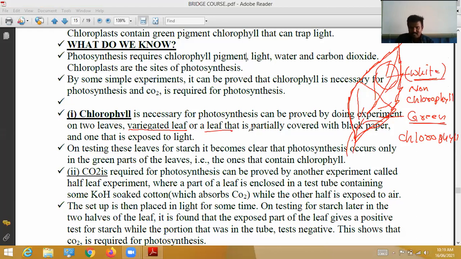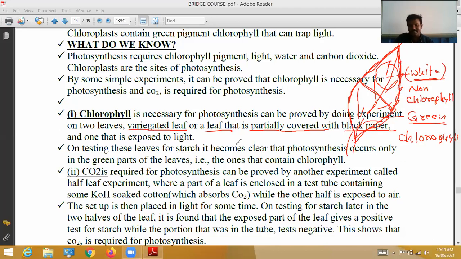Or a leaf that is partially covered with black paper and exposed to light. So if a variegated leaf is not available, you cover it with black paper. This part should not be exposed to sunlight. The remaining part should be exposed to sunlight.